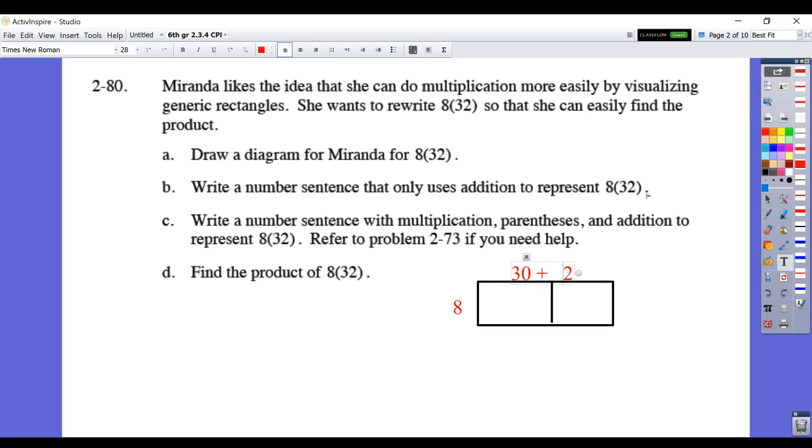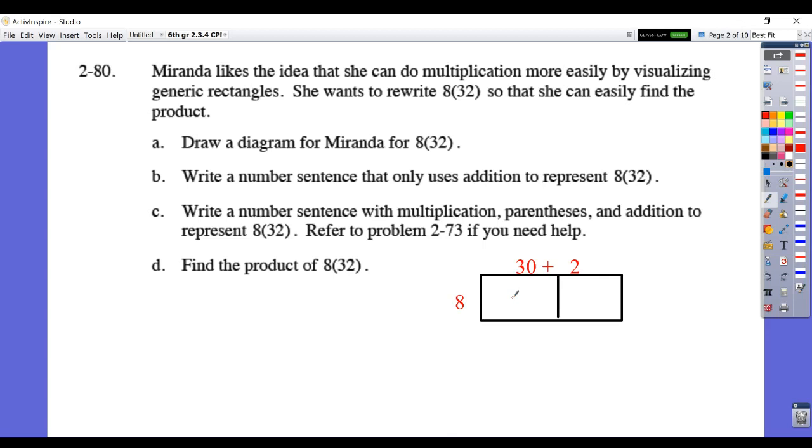All right, then we would recognize that 8 times 30 is 240, that 8 times 2 is 16, and fill that in.